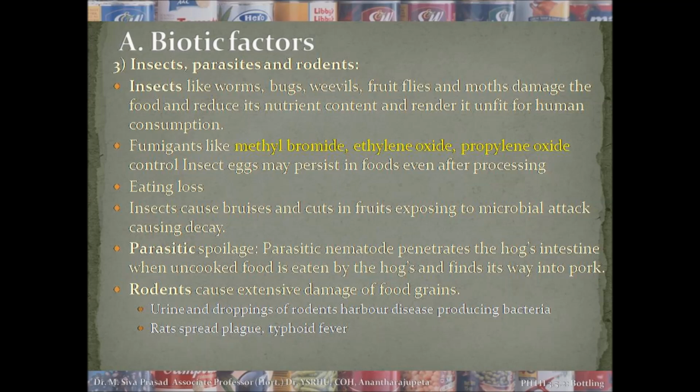Rodents are devastating mammals that cause devastation on grains or stored grain pests. They feed upon them and litter everywhere. The litter and urine of rodents harbor different bacteria which cause diseases, and rats spread diseases and fevers like typhoid and plague. These are some of the spoilages caused by insects, rodents, and parasites.